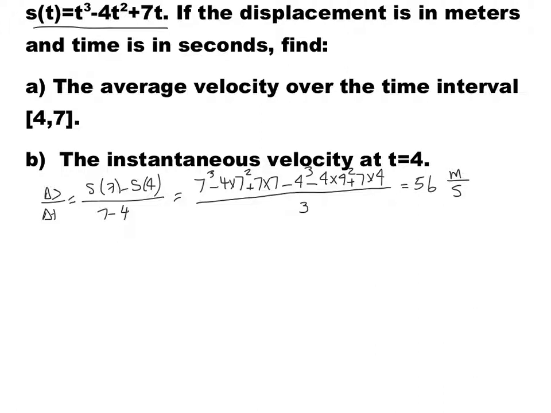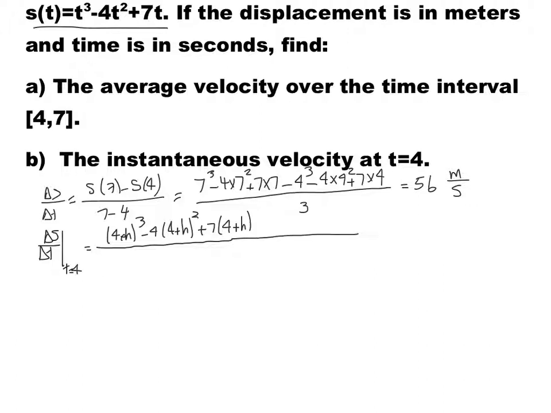So I'm going to find delta S over delta t at t equal to 4, which is the same as (4 plus h) cubed minus 4 times (4 plus h) squared plus 7 times (4 plus h), minus (4 cubed minus 4 times 4 squared plus 7 times 4), divided by h.